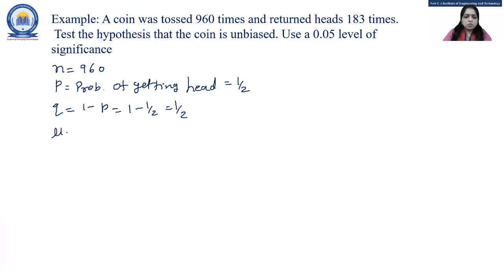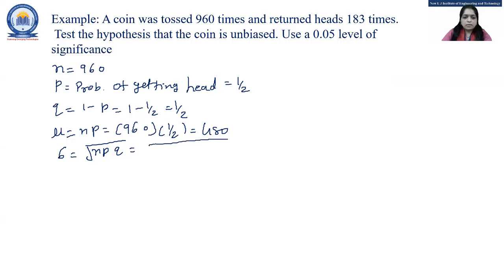Mu is equal to NP. So we have N is 960, P is 1/2, so mu is 480. What about sigma, the standard deviation? That is square root of NPQ. So square root of 960 into P, that is 1/2, Q is again 1/2.